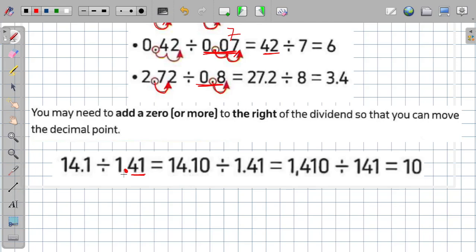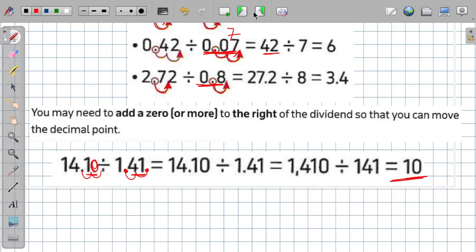So what can I do? I will move the decimal point two places to the right. So it will be 141. But here I have only one digit. So what can I do? I will add a zero here to make it two digits. So I have one place, two places. So the result will be 1410 divided by 141. So the result will be just 10.